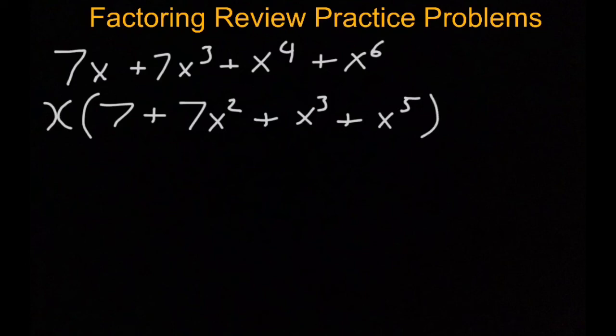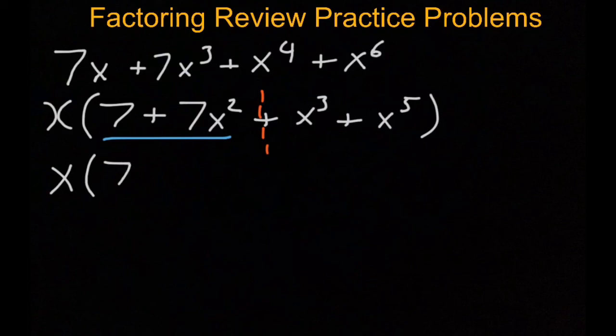So how can we factor this further? Inside the brackets, we have 4 terms, so we can use the grouping method. So let's split this into 2 parts basically. What can we factor out of 7 plus 7x squared?